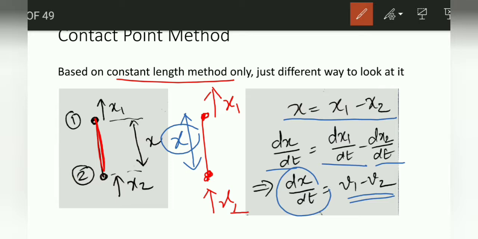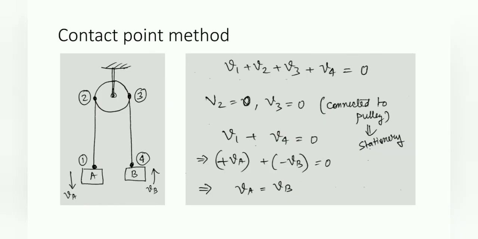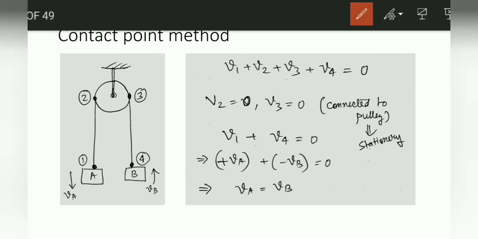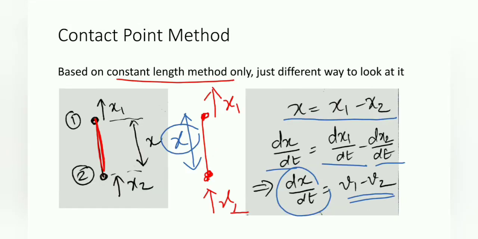Exactly the same thing we are doing for the contact point method. Say we have a pulley block system like this. We are just marking the points of contact of the string and the pulley. Earlier, we took this length as, say, x, and this length as, say, y. Now we are just taking the contact points, like we showed in the previous example.